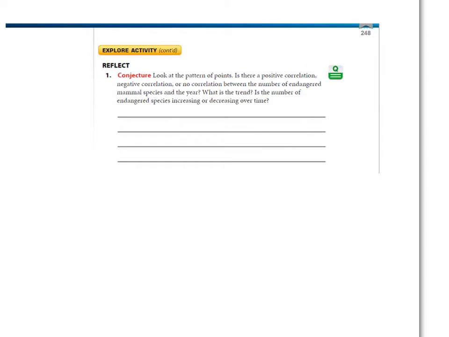Now the question says to look at the points that we just plotted, and they want to know what type of correlation has happened over the years, positive, negative, or none. They want to see if there's a trend and is the number of endangered species increasing or decreasing. So go ahead and talk over these 3 questions with your group members and come up with a consensus before you unpause this.